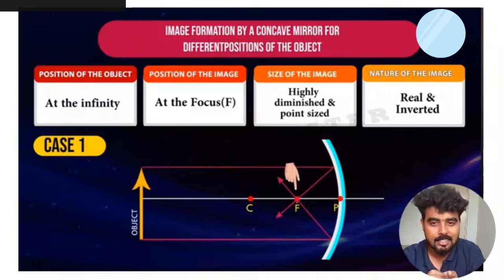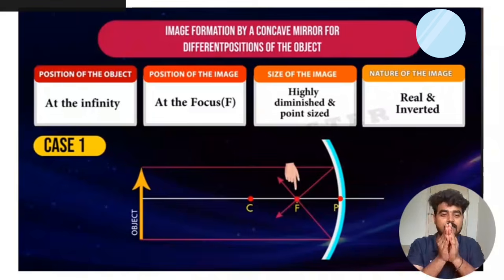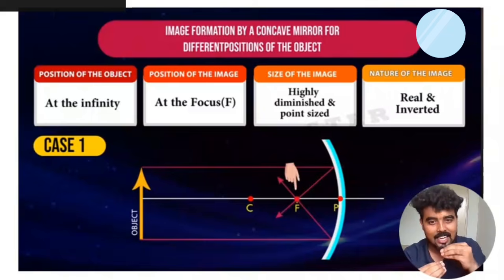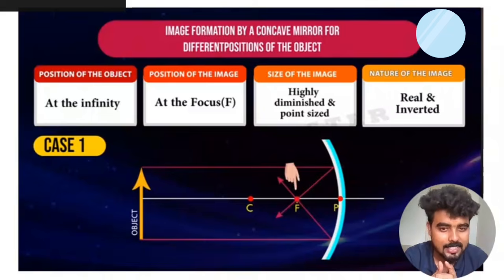After the reflection, according to rule number 1, all the rays meet exactly at the focus. So we can directly say that the image is formed at the focus F. Its nature is real and inverted, and its size is highly diminished or point sized. I think everyone can understand, right?